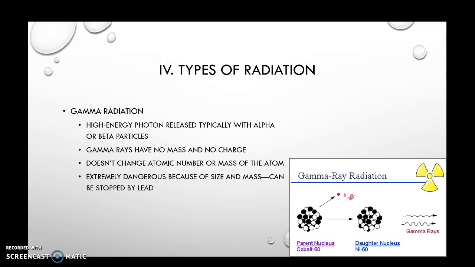Gamma rays have no mass and no charge, but because of that, they are so dangerous. They can be stopped by lead or several feet of concrete. Gamma rays don't really change anything else of the atom because it's a byproduct, but because it's so small, it's very, very dangerous.